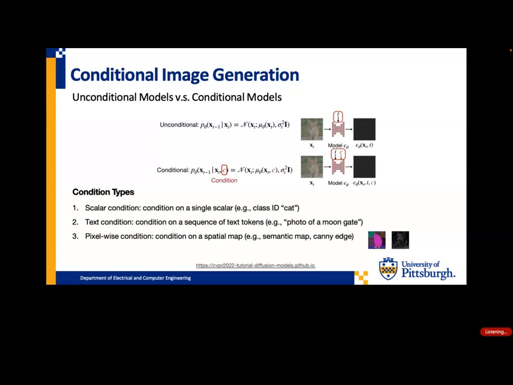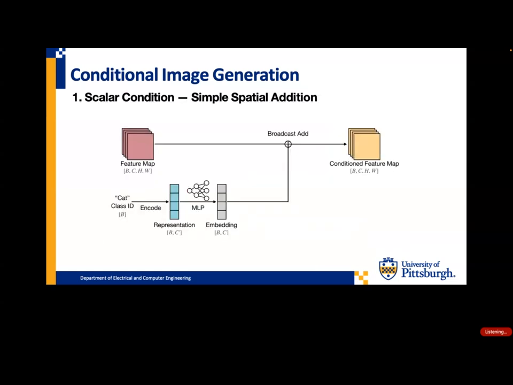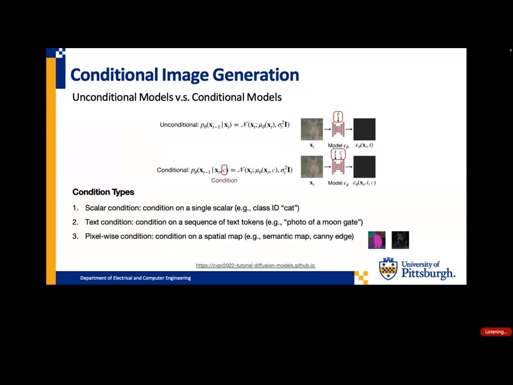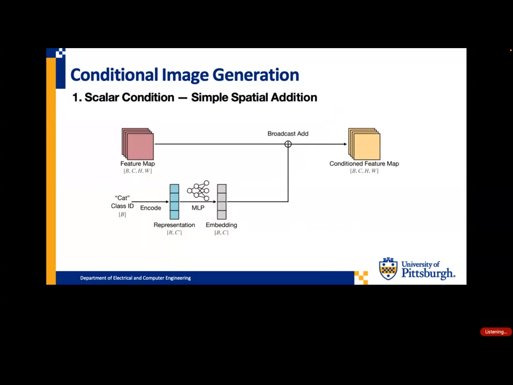It can be just a class like cat. It can be a text condition, a prompt like 'photo of a moon gate'. It can be a pixel-wise condition, a semantic map, or just a bunch of edges, very similar to what we did with GAN. So let's see how we add all these different conditions into diffusion.